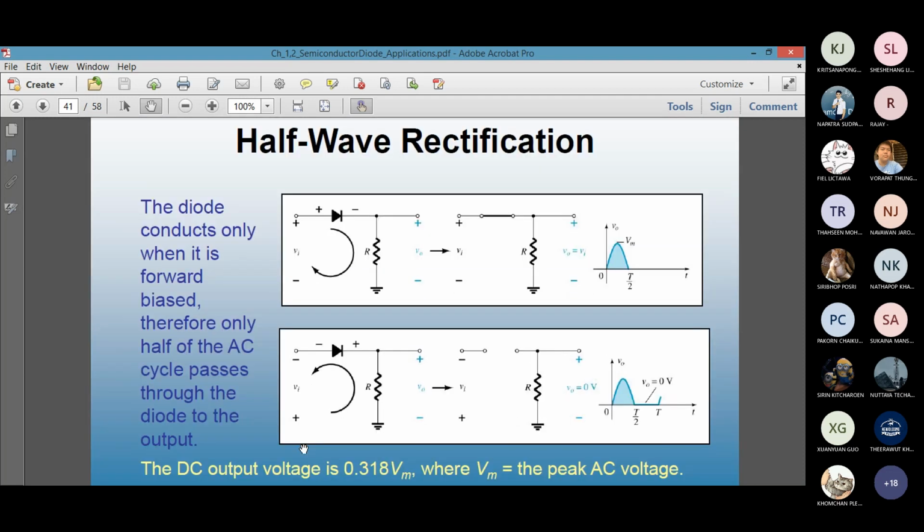You can read them, but one of the first examples we studied for diode application is the half-wave rectifier. When an AC waveform is the input to a diode circuit, there are two parts of AC, positive peak and negative peak. What happens during the positive peak? If you connect like this, what is the bias condition of the diode?